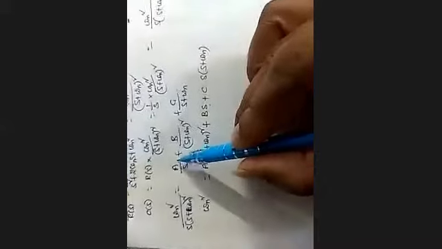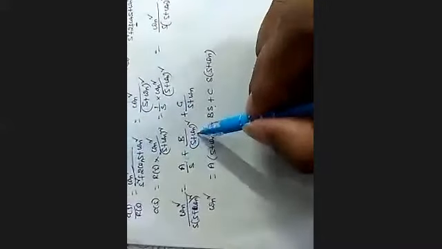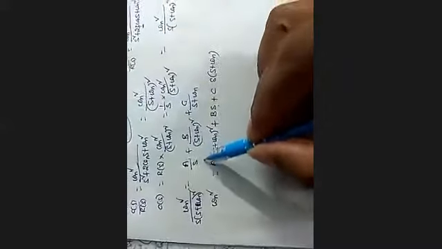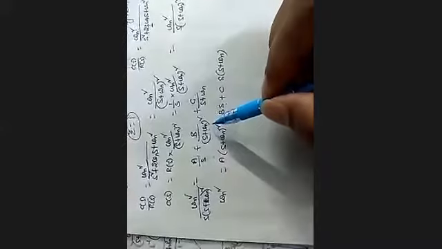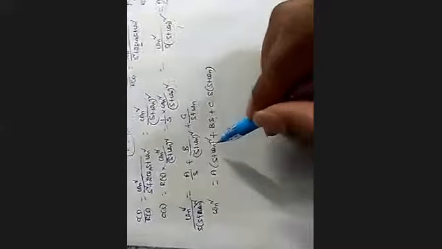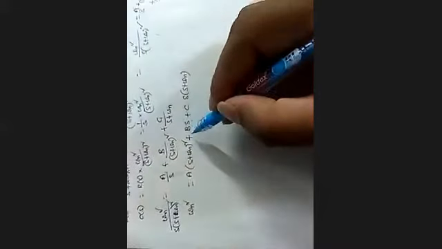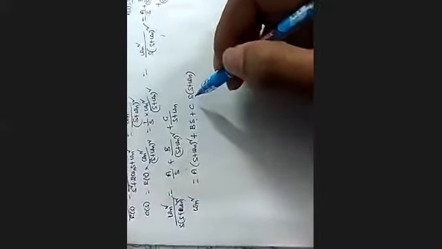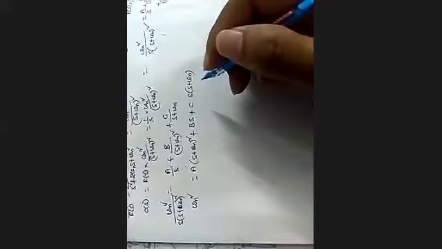Is it clear for simplification? First of all, A is cross multiplied, so A into s plus omega n whole square. Here the LCM is s into s plus omega n whole square. So A is multiplying with s plus omega n whole square, plus B s, plus C into s into s plus omega n.